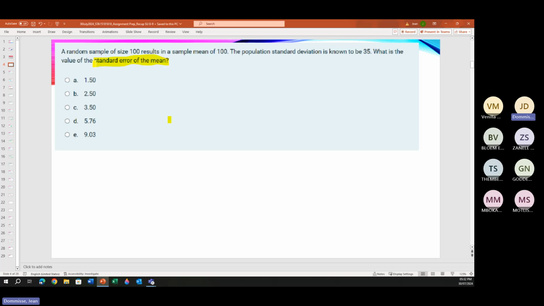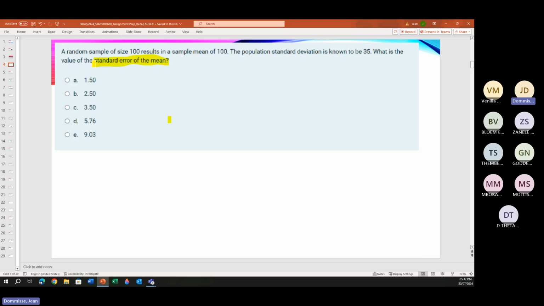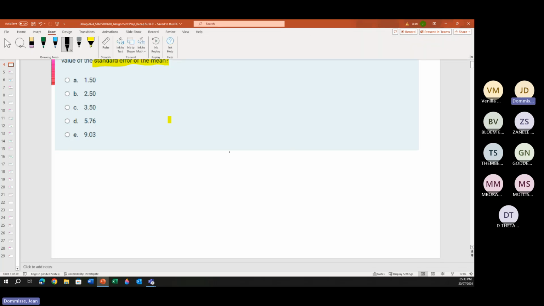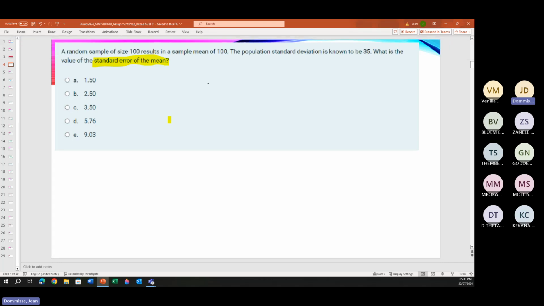Okay, so even though we are working with confidence intervals and hypothesis testing, the work that we did in chapter 6 and 7 is still very much relevant. It is very important for chapter 8 and 9.